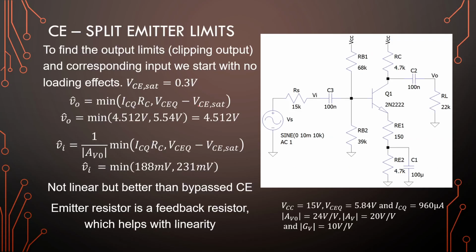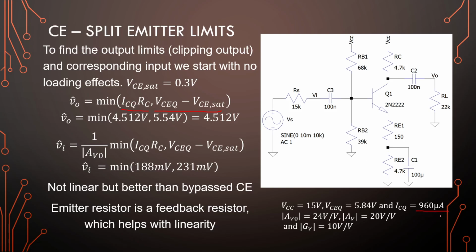Right, here is our split emitter, and we have a 150 ohm that's not bypassed and a 4.7 kilo ohm that is still there for the bias. So we do exactly the same as the previous problem. We determine our IC, RC, and our VCE minus V saturation. In this one, our Q point is a bit less.